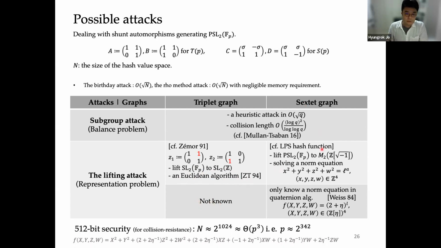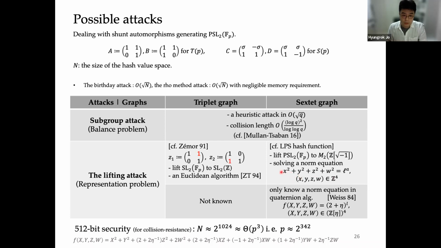And in the sextet graph, the lifting attack is considered by solving the norm equation of this LPS hash function, LPS graph, which is represented in the quaternion algebra.